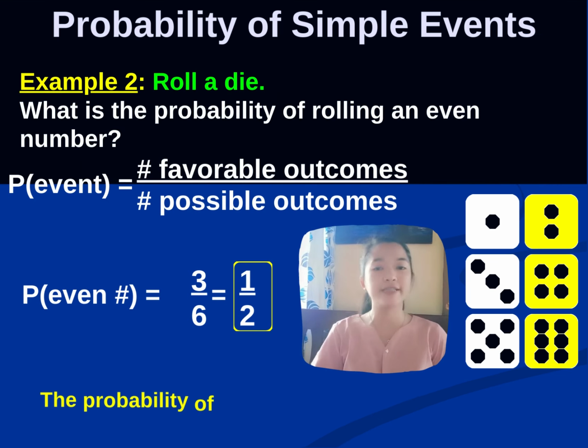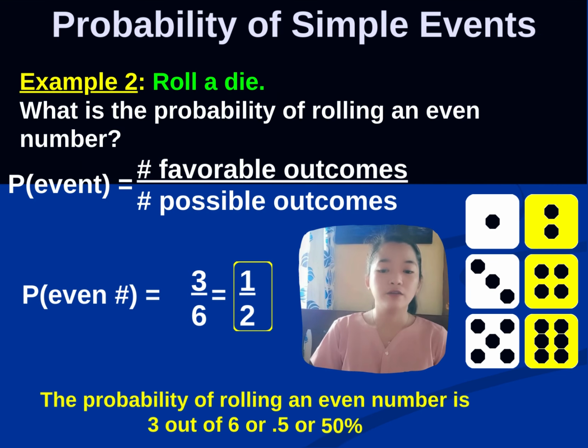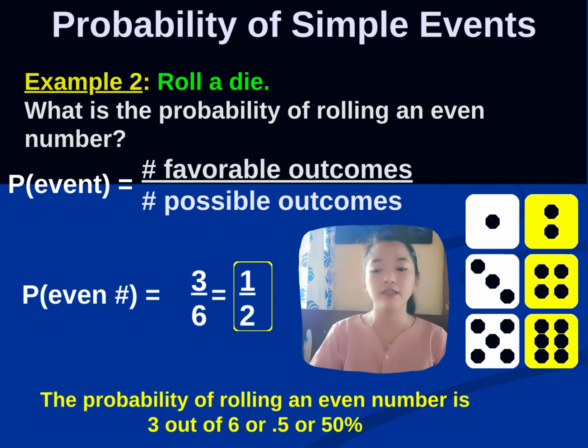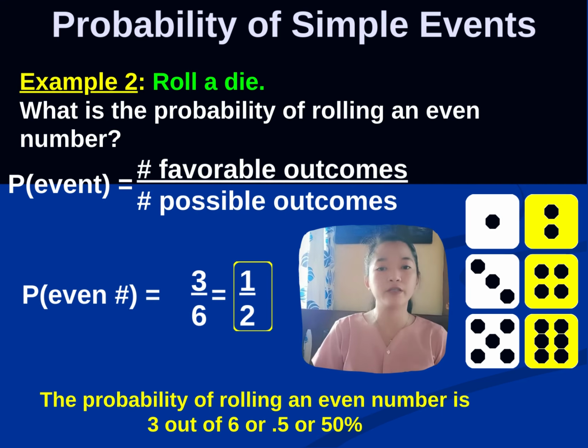Now we will have the second example. Roll a die again. What is the probability of rolling an even number? Even numbers are those numbers which are divisible by 2. So, P of event is equal to number of favorable outcomes over the number of possible outcomes. So we have the numbers 1, 2, 3, 4, 5, and 6 in a die.